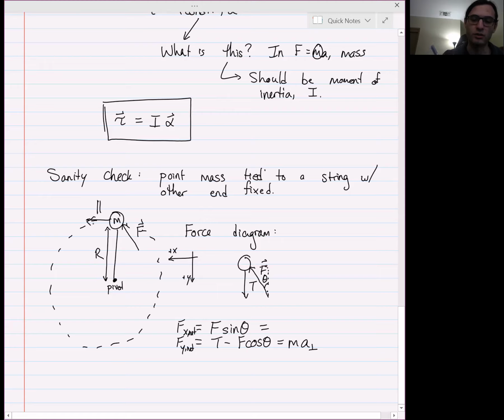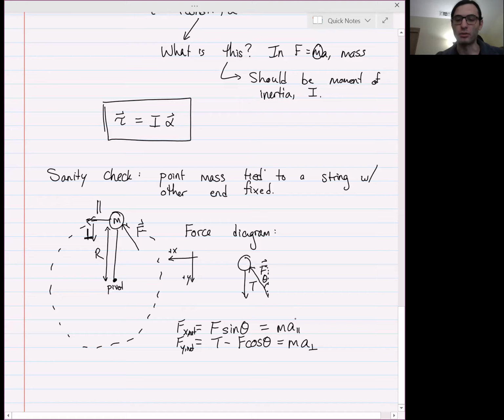This direction down is perpendicular. And that's just because we're talking about parallel or perpendicular with respect to the direction of motion. In that case, the positive y direction is the perpendicular acceleration. That would be the centripetal acceleration, right? And then the fx net would be the mass times the acceleration in the parallel direction.